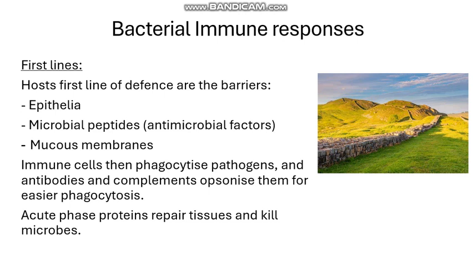Think of it as kind of like an outer wall, defending the body from these bacteria actually getting in and starting the infections in the first place. And then we have our innate and adaptive immune responses with our T cells and B cells.